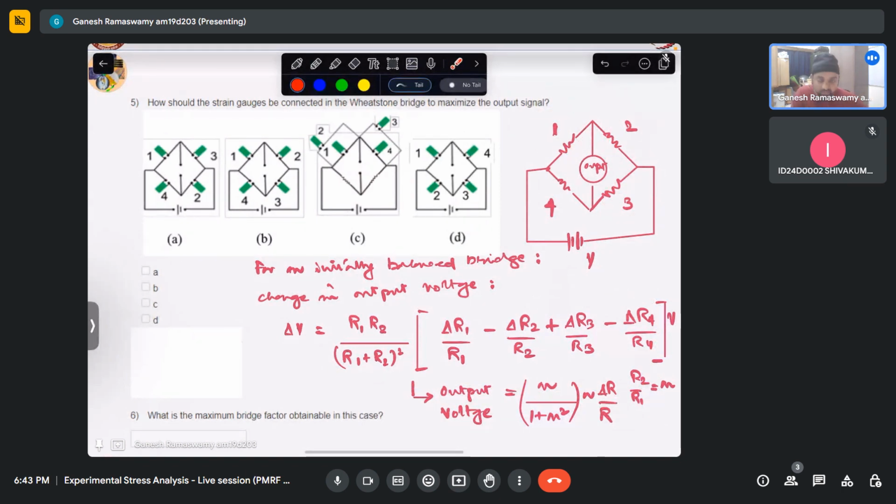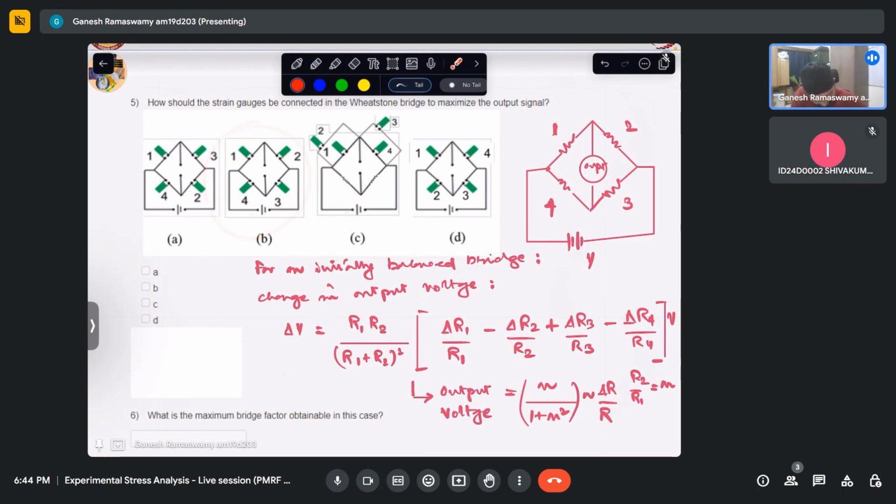And since we are looking at a full bridge circuit here, we are not looking at just one single strain gauge. So let us see the first option. We see that 1 and 2 are in the opposite arms. Even if 1 and 2 are pasted in this way, it will basically reduce the output. So A does not maximize the output.